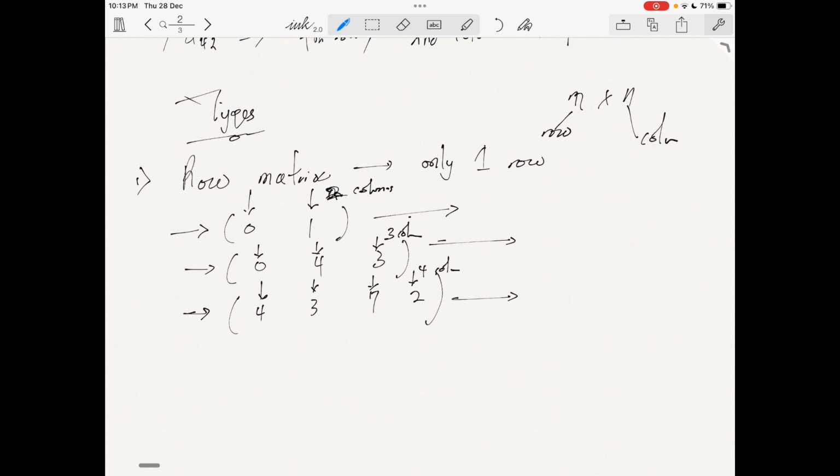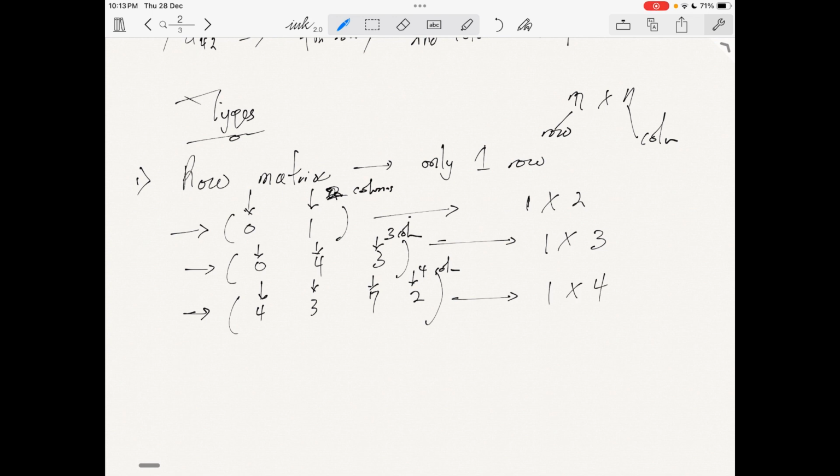So the first example, 0 1, will have an order of 1 by 2, because it has one row and two columns, and this second one will have an order of 1 by 3, because it has one row but three columns, and the third one will have an order of 1 by 4, because it has one row and four columns.